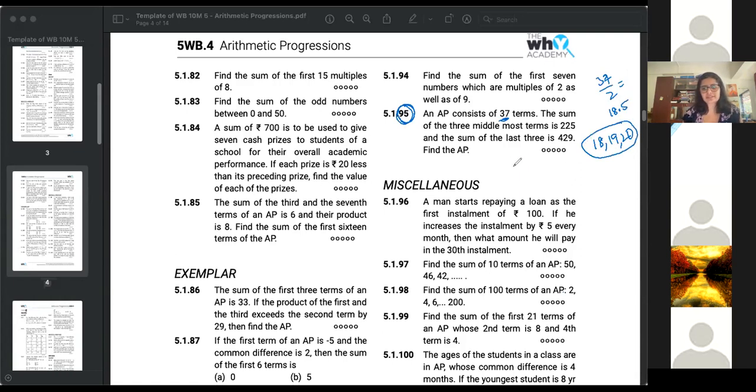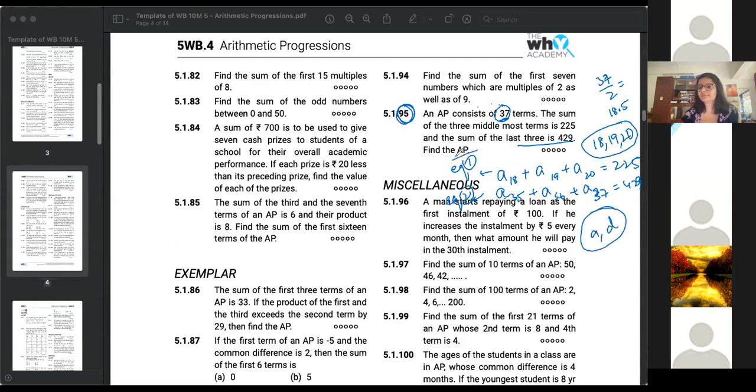According to the first sentence, A18 plus A19 plus A20 is 225. Last 3 terms. So 37 is the last. So A35 plus A36 plus A37 is 429. So this is equation 1. This is equation 2. Apply the formula, you get the values of A and D. So once you have A and D, you can find the AP.